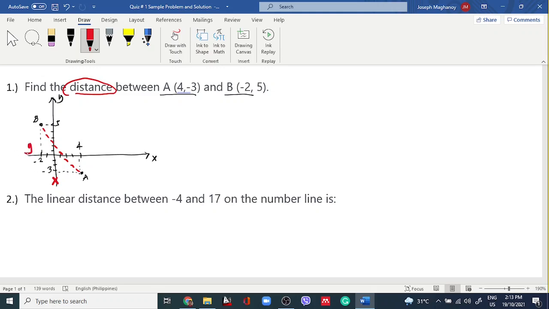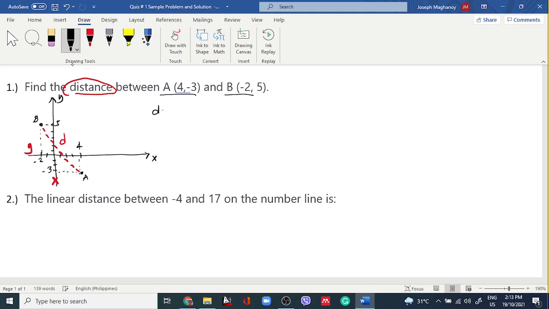Using these variables x and y, you can determine the distance between A and B based on the coordinates of A and B. But in analytic geometry, we can also use the distance formula.